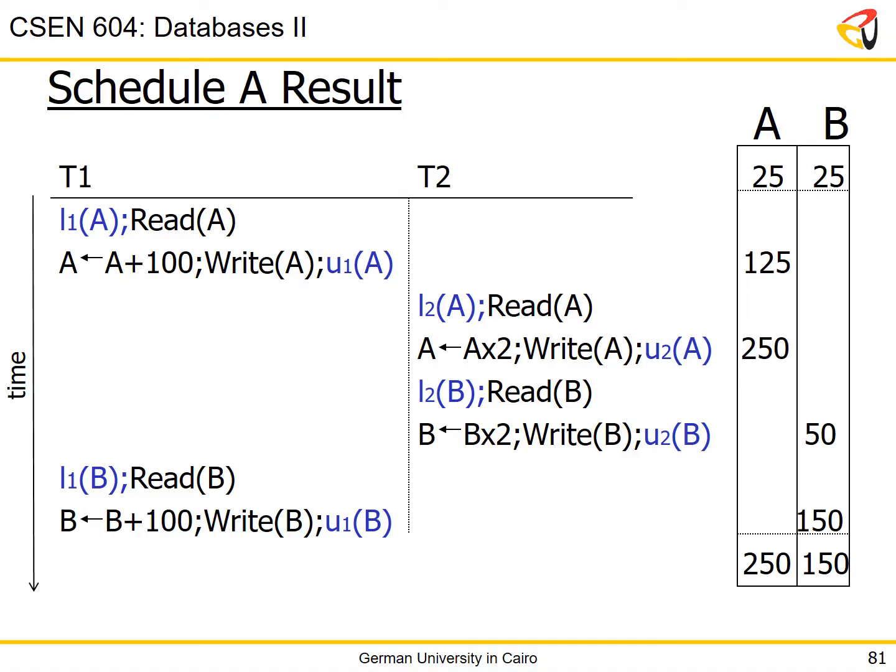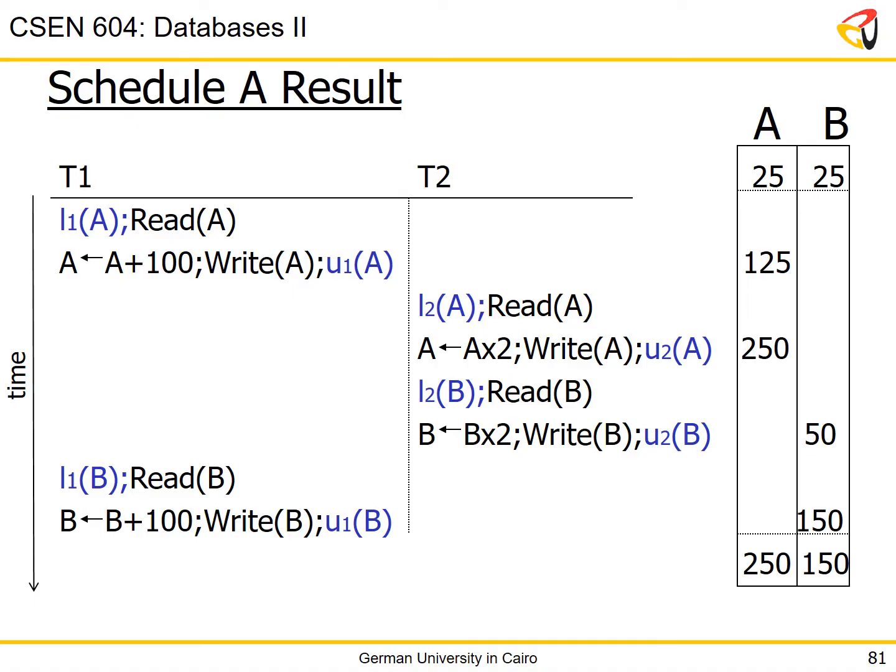The reason why this happened, if you look at T1, when it starts running, it updated A by adding 100, but then the adding of the 100 to B was postponed until after T2 is running.